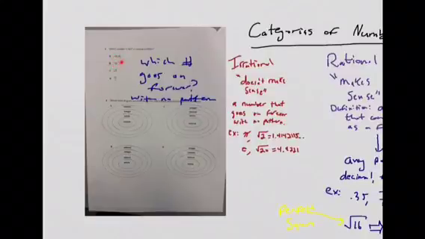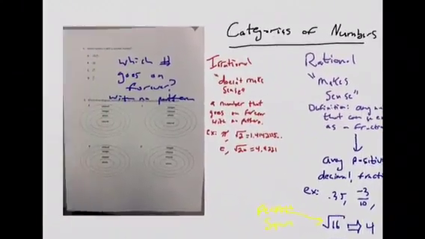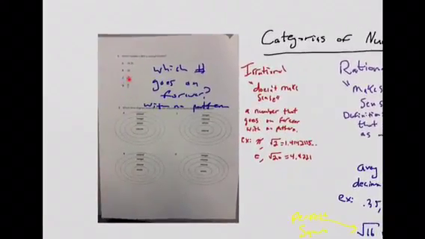It'd be negative 26 and 1/4. Negative 10, well, that's just a negative integer, so that's rational. Now 14 over 3, this can be expressed as a fraction. It does make sense. Now here, square root of 7, this is not a perfect square.